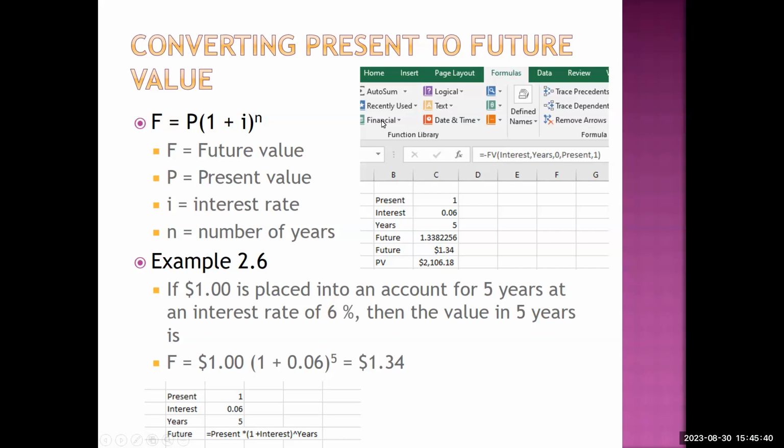So you can find the future value function there, and then you can use it, and it has a dialog box that you can enter your values into. But when you click return, this will be what'll show up in your cell. So there's all sorts of these financial functions in Excel, two of which we'll use today.